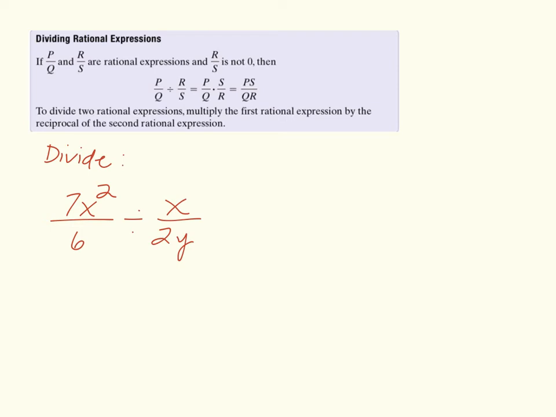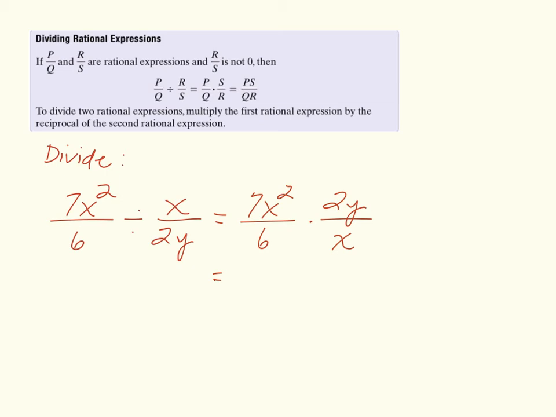So let's look at this one problem. 7x squared over 6 divided by x over 2y. So that's going to become 7x squared over 6 times 2y over x. Now remember, what happens when you multiply, everything basically joins together. So if you want to write it all together so you can see exactly what's canceling, it's fine.